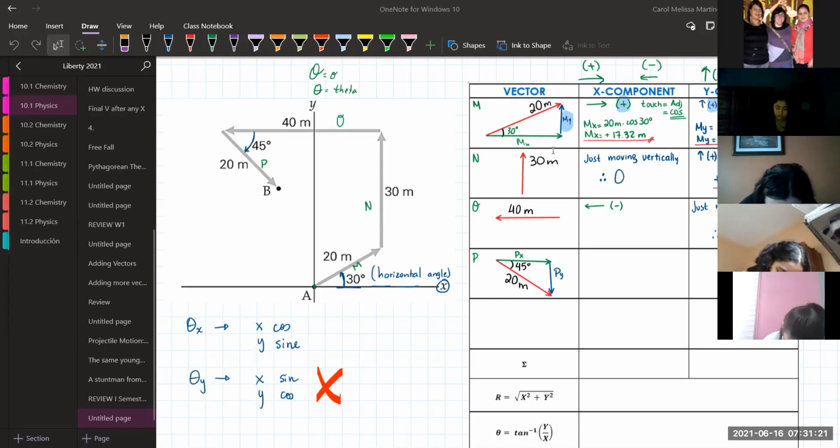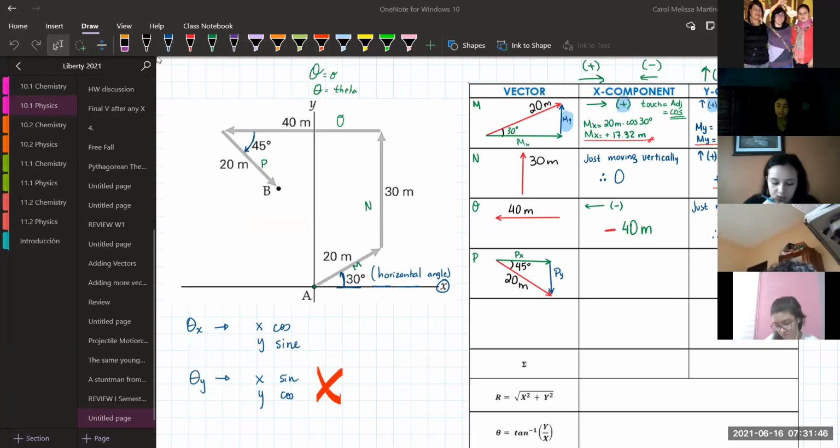So in the end, you're just going to write the negative and the vector. Negative 40 meters. I like to highlight the negative, so I'm going to put it in different color, because I want the negative to look different. Because I'm blind. That's the reason.